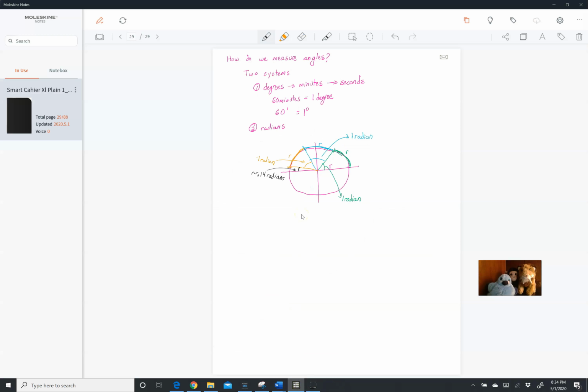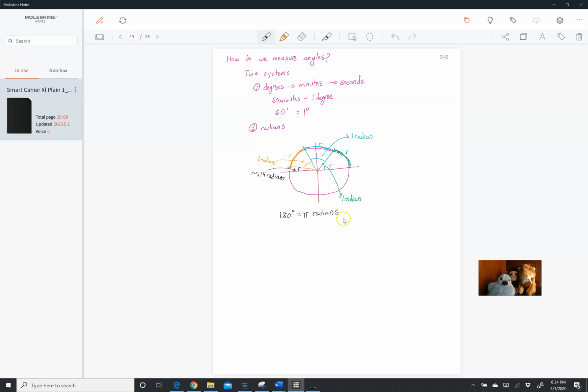This is equal to pi radians. Okay, and this is exact. It's exactly pi. That's why I say that this is approximately 0.14, because it's like 0.14159 and so forth, okay? So 180 degrees is equal to pi radians.